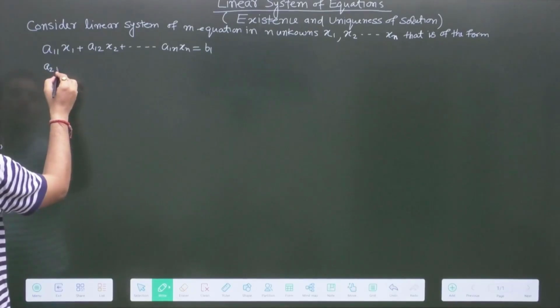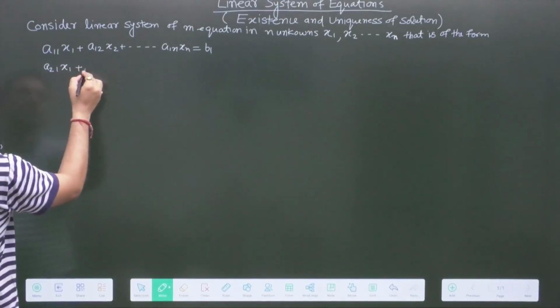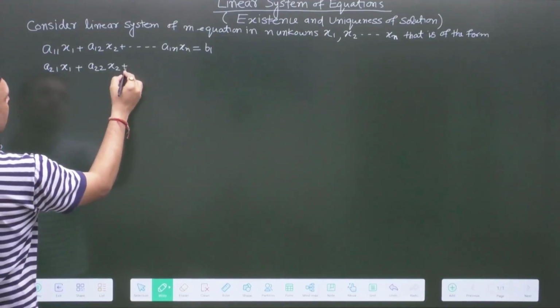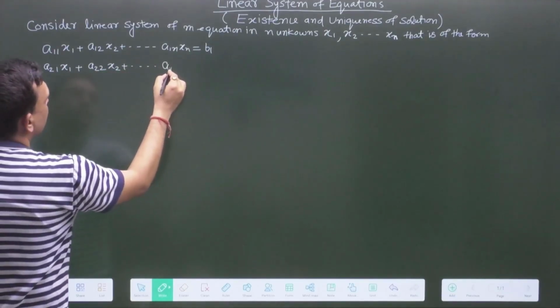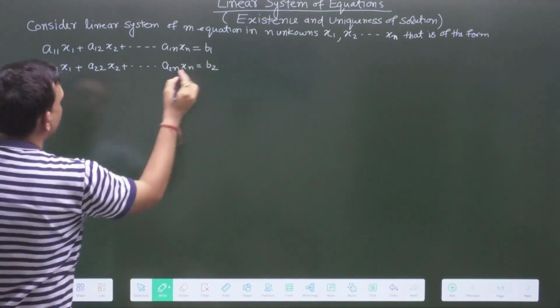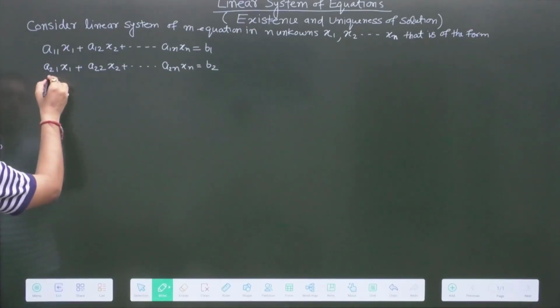Then we have a21 x1 + a22 x2 + ... + a2n xn = b2.